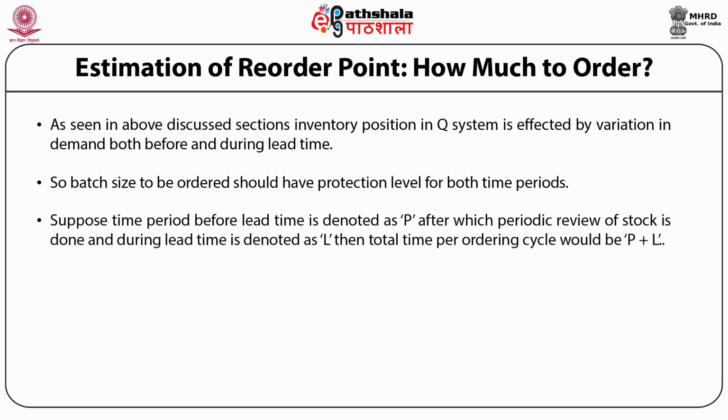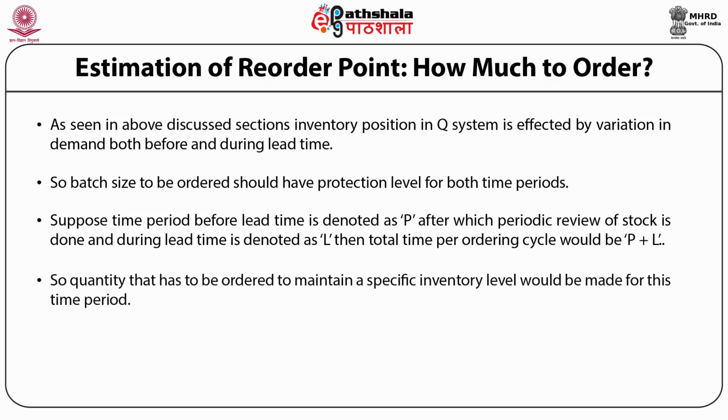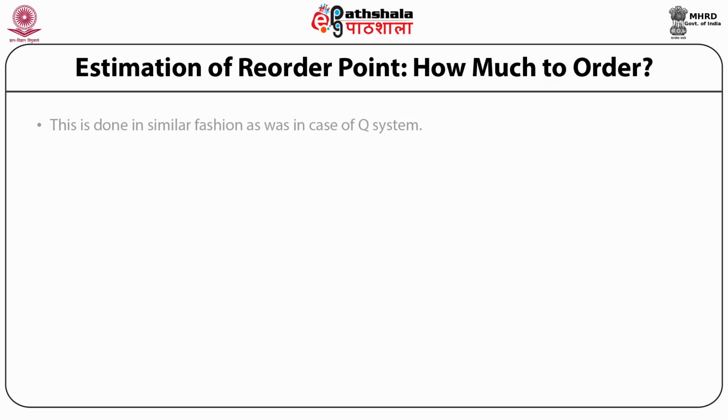Suppose the time period before review is denoted as P, after which periodic review of stock is done, and lead time is denoted as L, then total time per ordering cycle would be P plus L. So, the quantity that has to be ordered to maintain a specific inventory level would be made for this time period. This is done in similar fashion as in the case of the Q system.